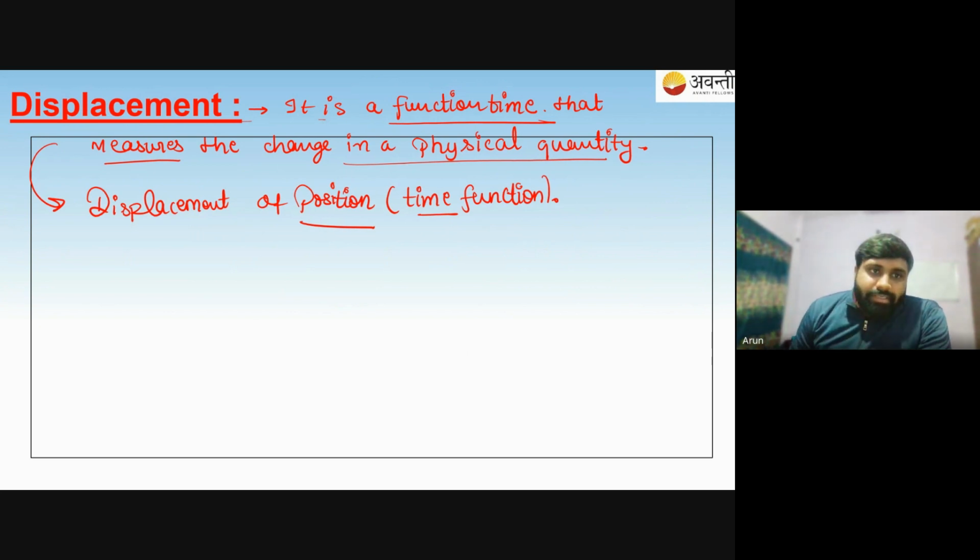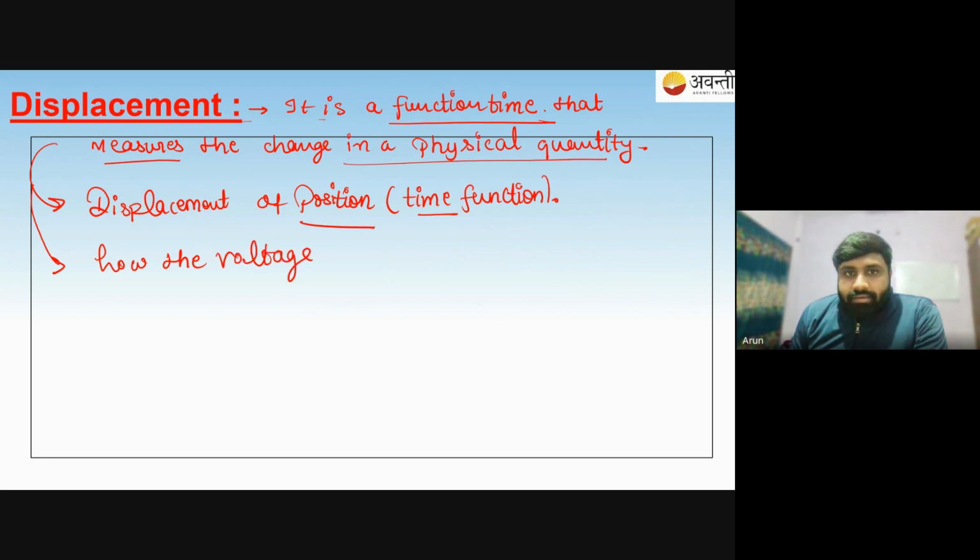Now, in the 12th class, you will learn how the voltage rises across the capacitor.